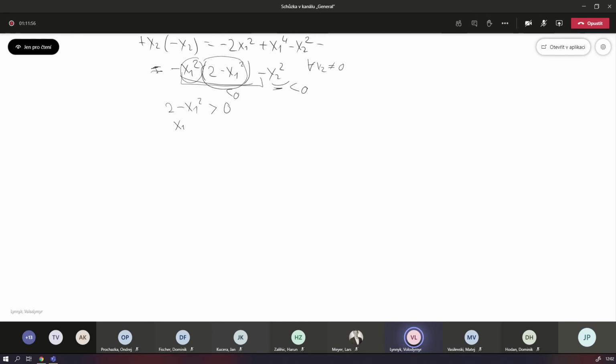One more, please. x1 smaller than square root of 2. Okay. Maybe it's something like this.